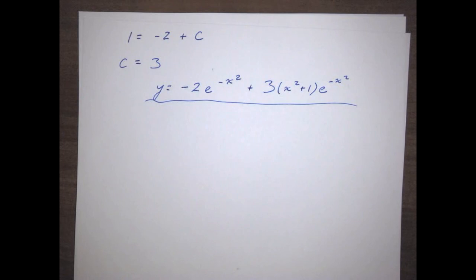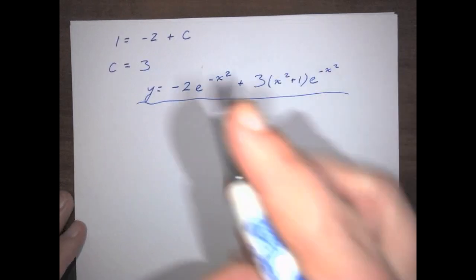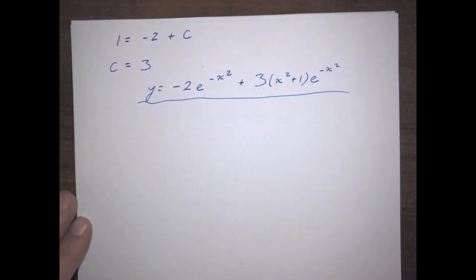So that obviously was an involved process, and sometimes it is that way. Now, sometimes not only is it an involved process, but it's actually an impossible process.